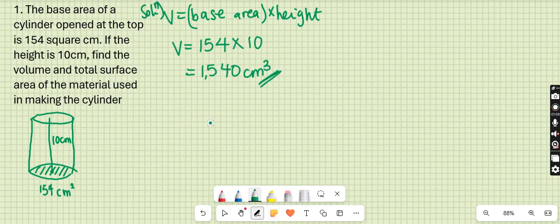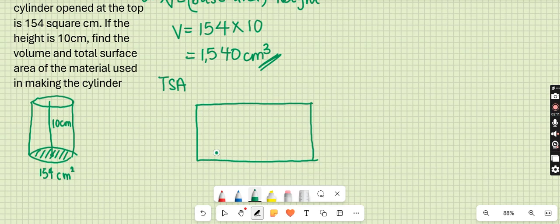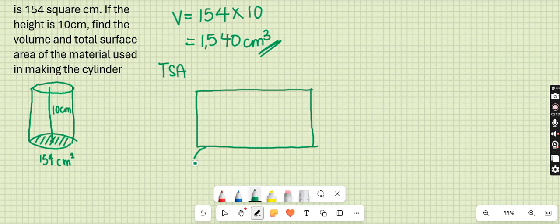That's very simple. Now, to find the total surface area, let's consider the net of the cylinder. We have the curved surface, which is a rectangle, and then it's hollow at the top, so there's nothing at the top, but we will have a circle at the bottom.